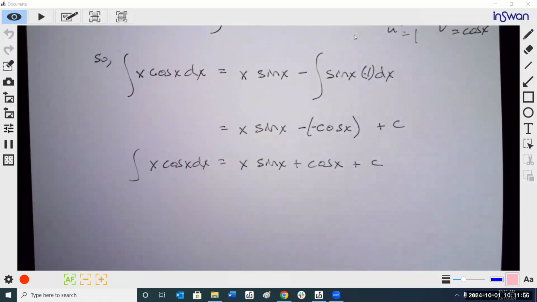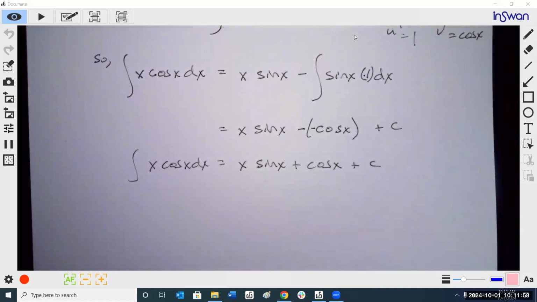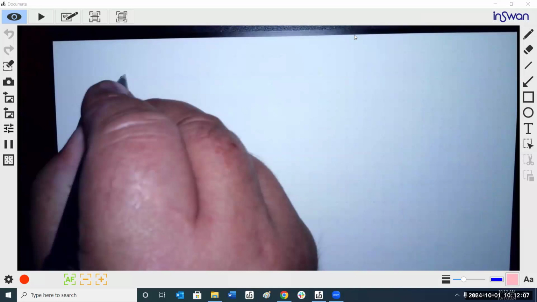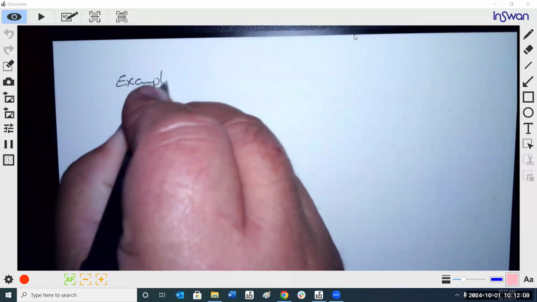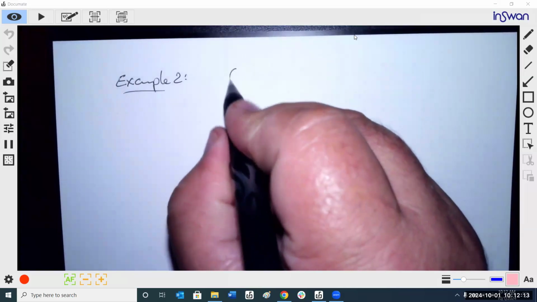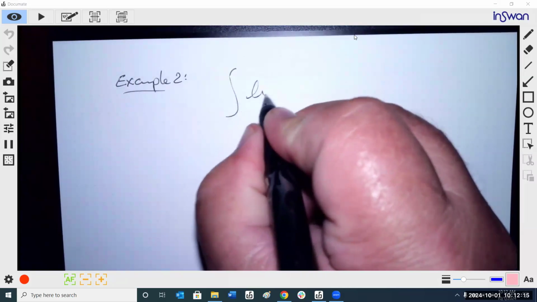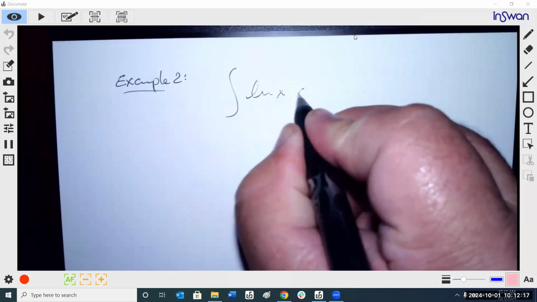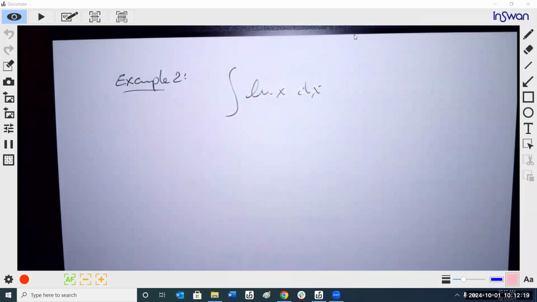So there's some other example. Example 2. The integral of ln x dx.